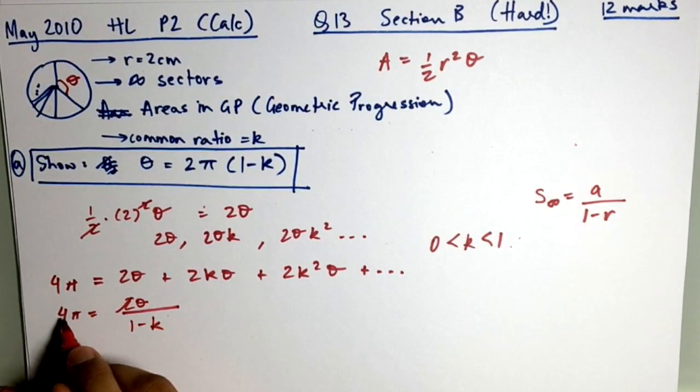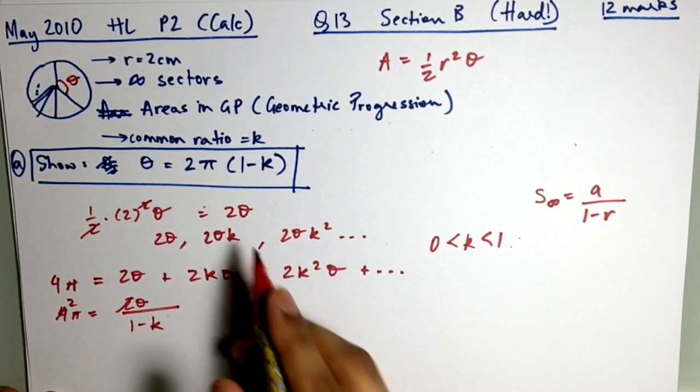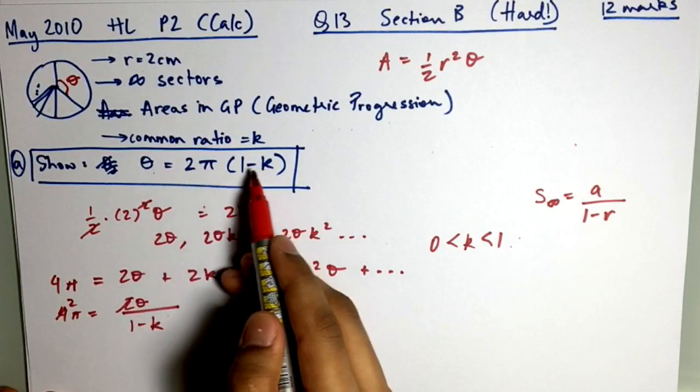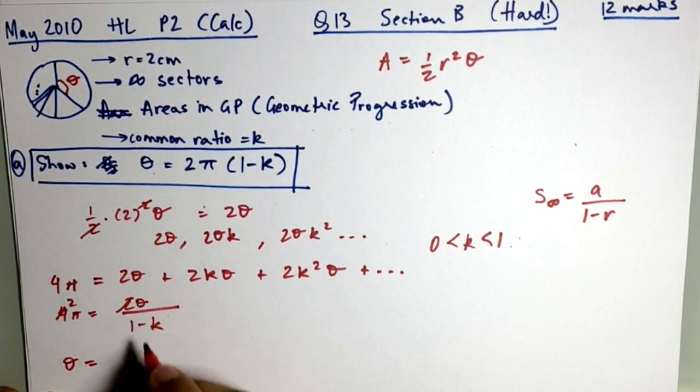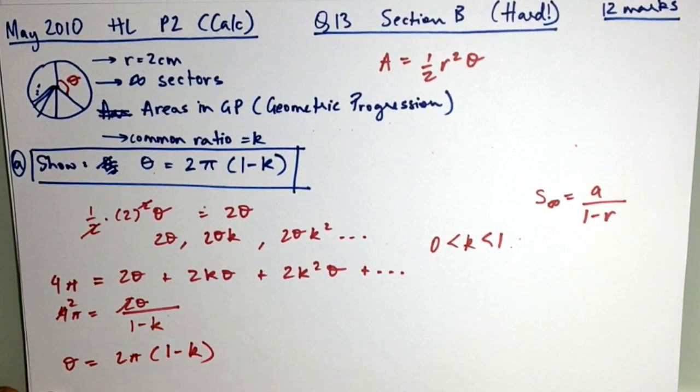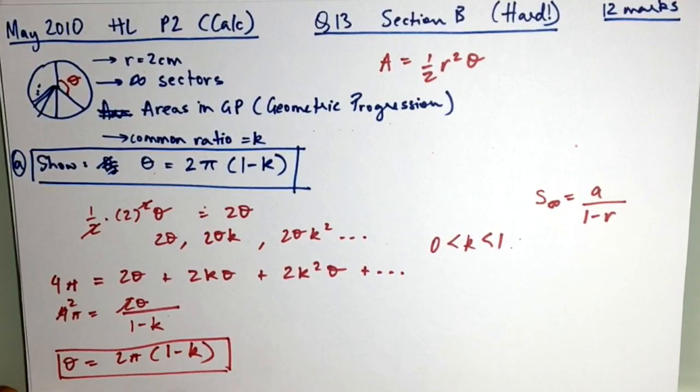We can divide both sides by 2. And the question asks us to get theta equals blah, blah, blah. So I think we've got that. I'll just make theta the subject. So multiplying both sides by 1 minus k, you get theta equals 2 pi times 1 minus k, which is as required. So that's part A done.